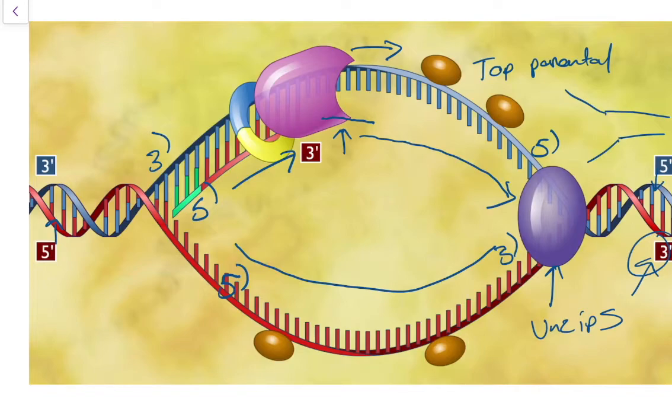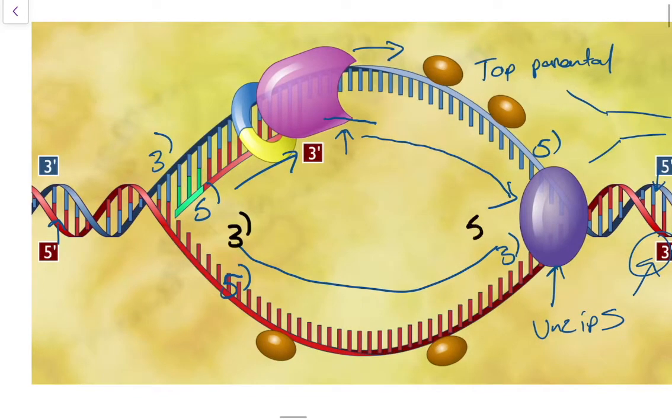The new strand must be 3' here and 5' up there, because it's the opposite. That means that we can't just get another polymerase attaching and continuously synthesizing towards the fork. That would be too easy, too convenient.